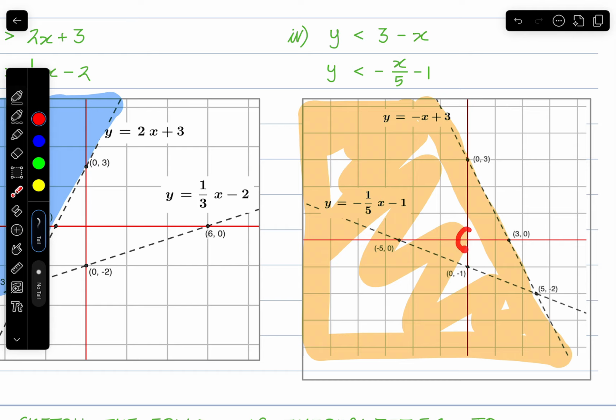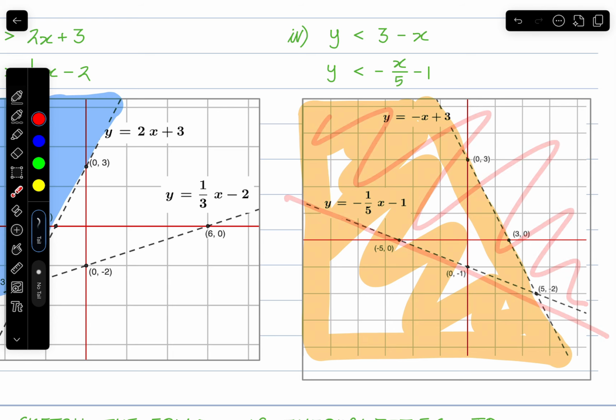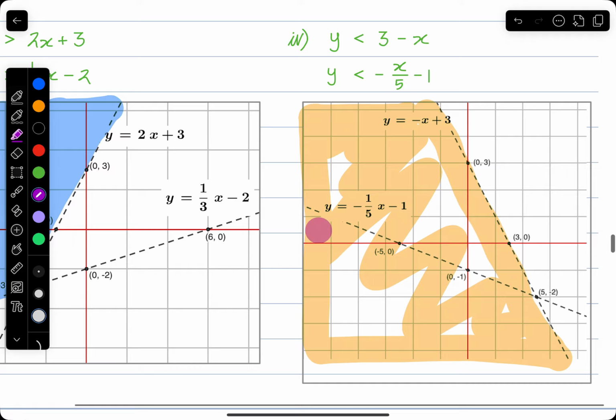So I'll repeat, is the y value at this point below the line at the same x value? In this case, this is not true. So we are not going to shade this region above this line, which means we are going to shade the region below this line. So shading that one in purple, below this line.